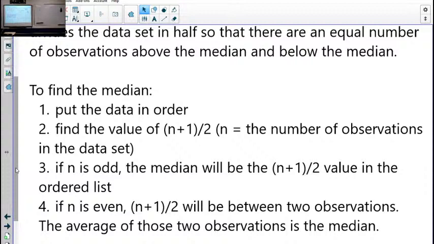So to find a median, to break it down in steps, the median is the middle number. The number that happens in the center of the data. So if I put a list of the data in order from smallest to biggest, the median would be the number exactly in the middle. That's why it's a measure of center. Put the data in order.